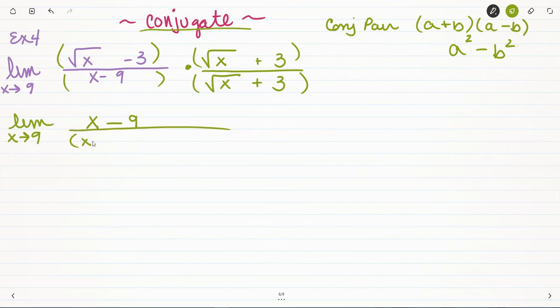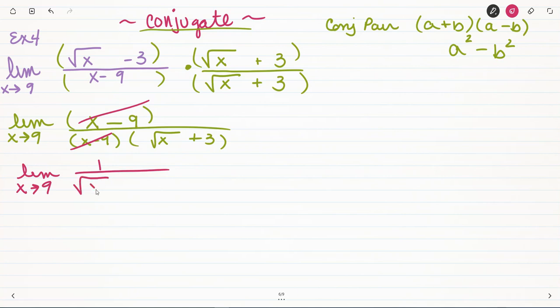And in the denominator, we have our x minus 9 and the square root of x plus 3. The x minus 9 is now going to reduce, because that's just 1, and we're left with the limit as x approaches 9 of 1 over the square root of x plus 3.